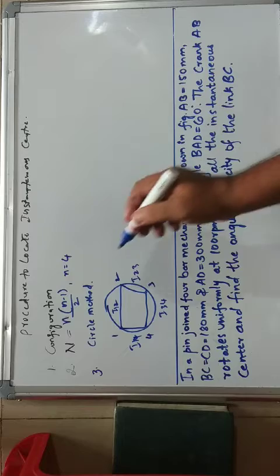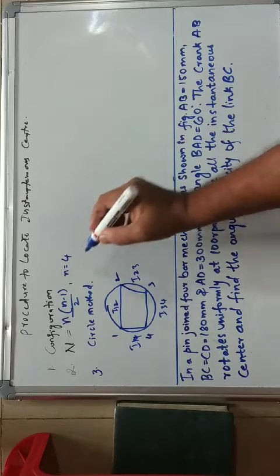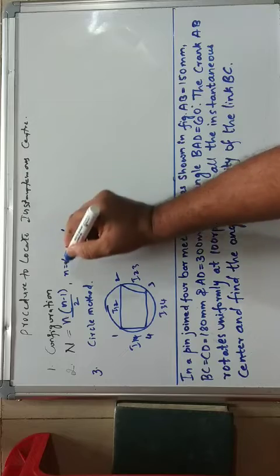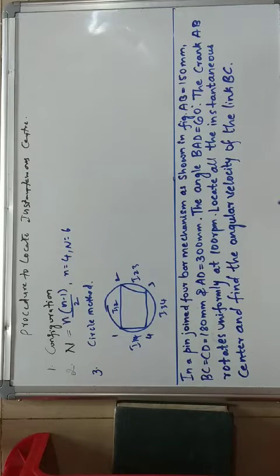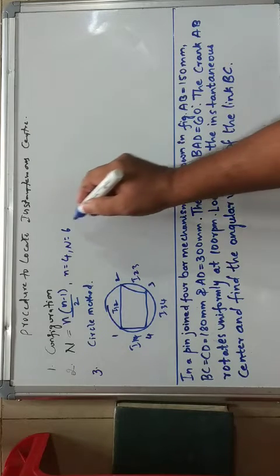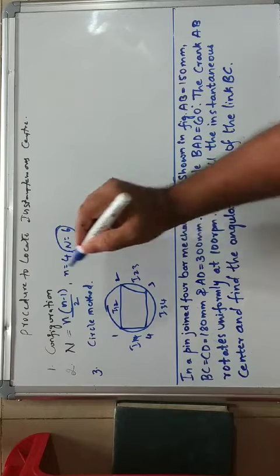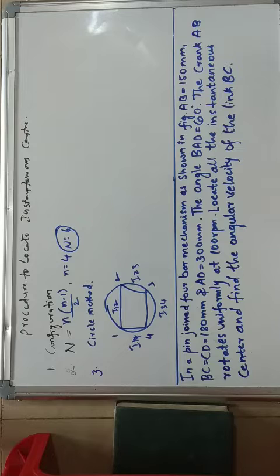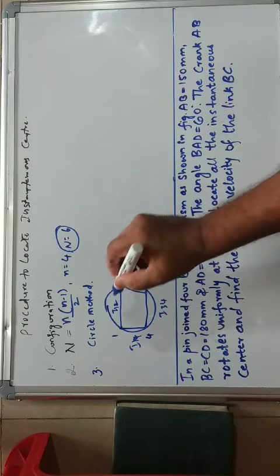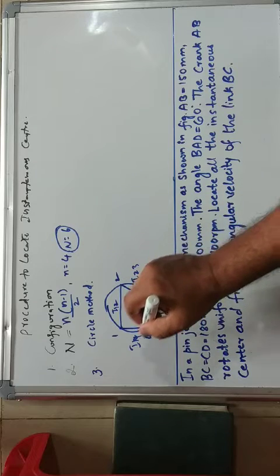For example, if you calculate the number of instantaneous centers, I get capital N equal to 6, because 4 into 4 minus 1 by 2, which is 4 into 3 by 2, gives capital N equal to 6. This N is the total number of instantaneous centers. But we have located 4 instantaneous centers here: I12, I23, I34 and I14.